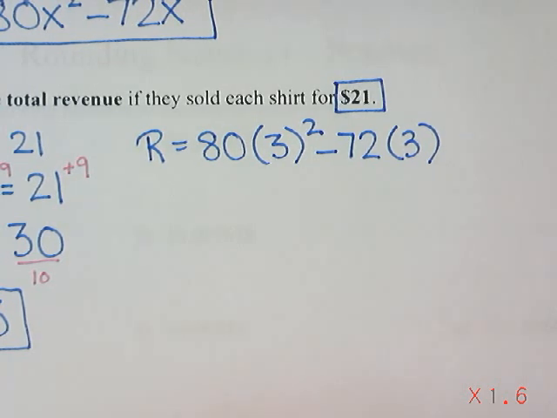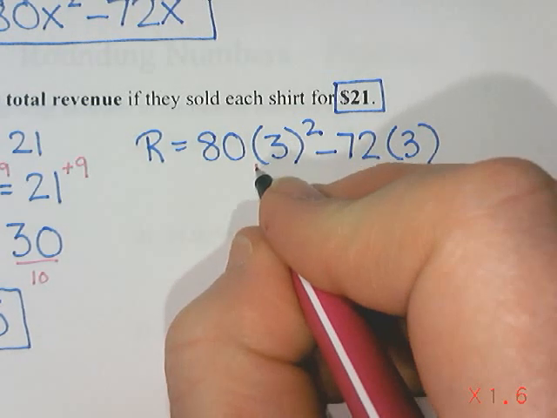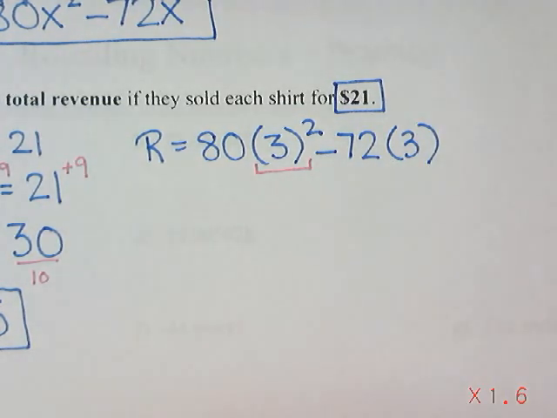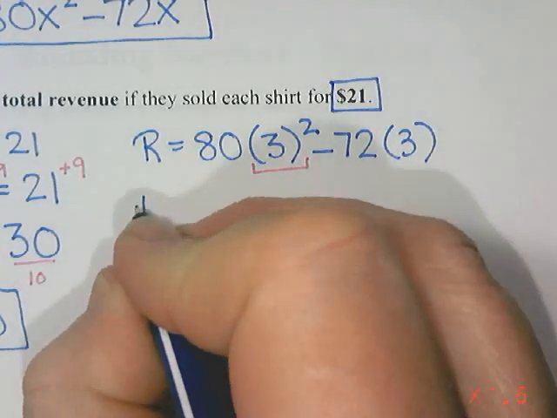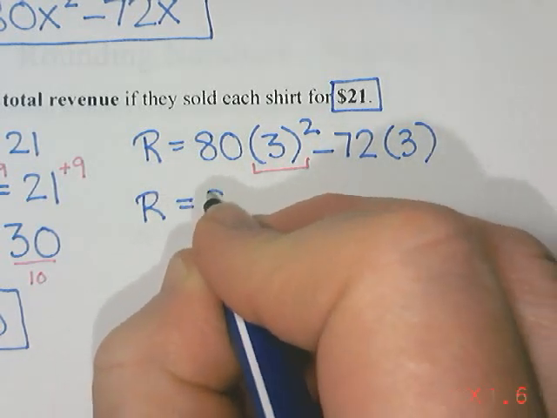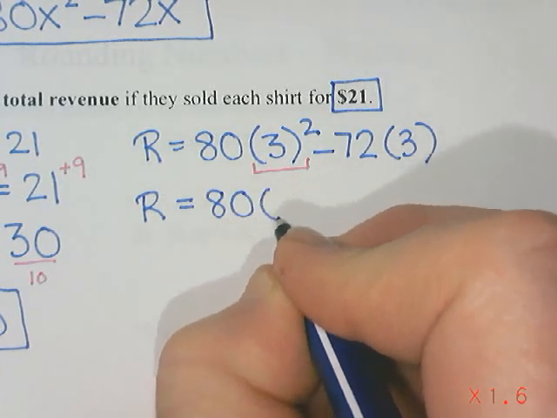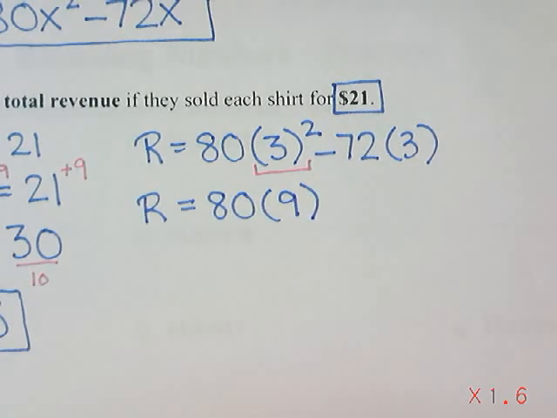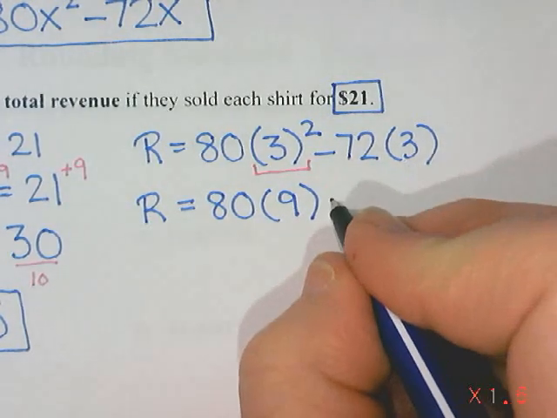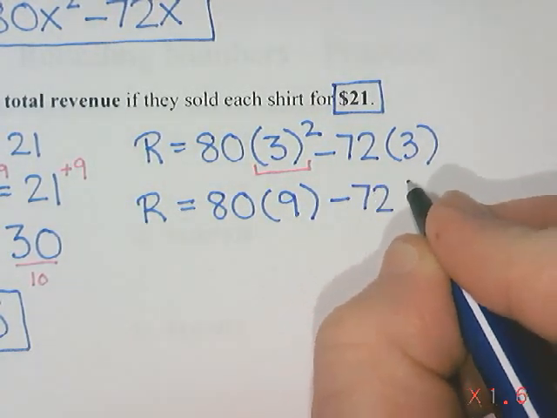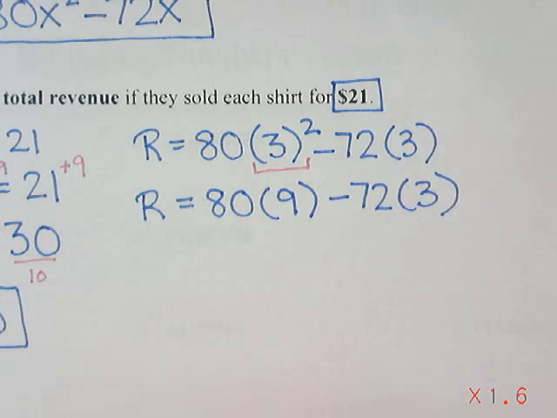So when I'm doing order of operations, the first thing we do are exponents. So I would start with that 3 to the power of 2. 3 squared is 9. So 3 times 3, that's 9. And then I still have minus 72 times 3.